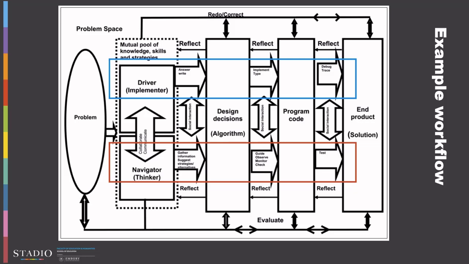So he's feeding the driver the ideas, and the driver is actually implementing these designs. Then we go on to the second set of arrows, where the navigator is guiding, observing, and monitoring the code that is being implemented or typed out by the driver at the top of your screen.